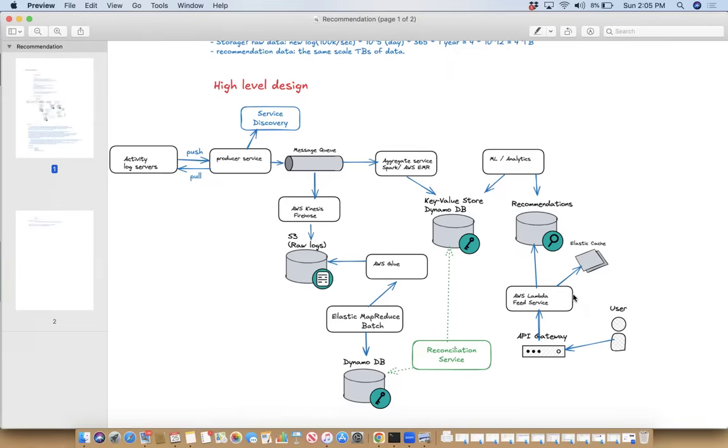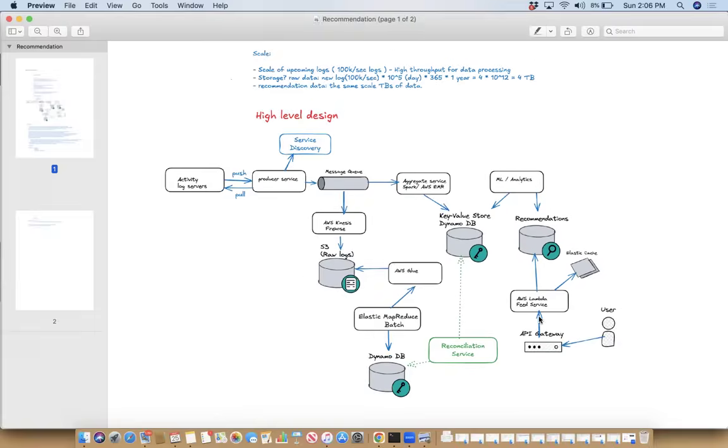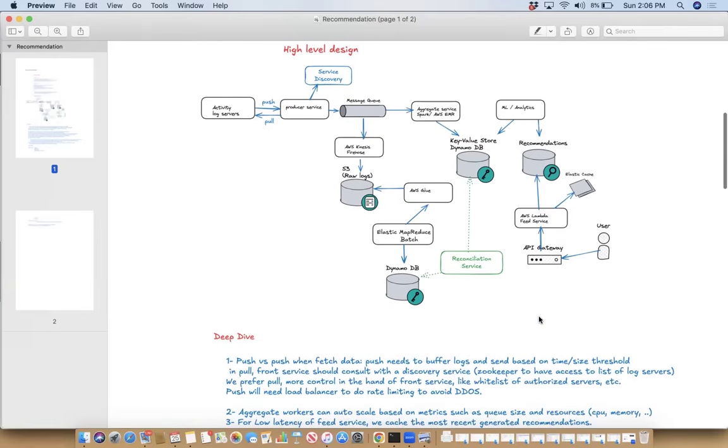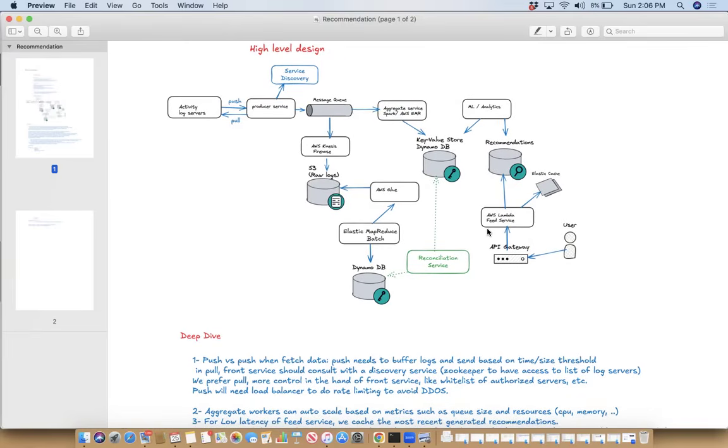So I think we already covered a lot of areas. Still, there are machine learning techniques. We just mentioned it here.